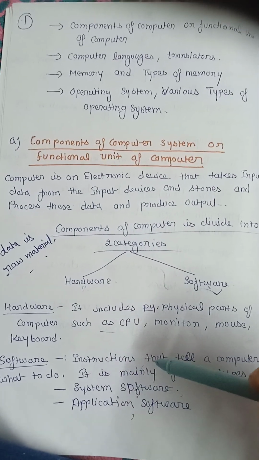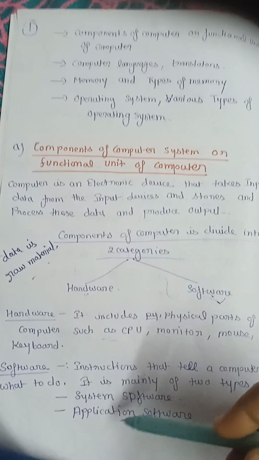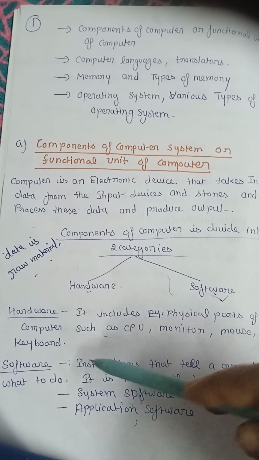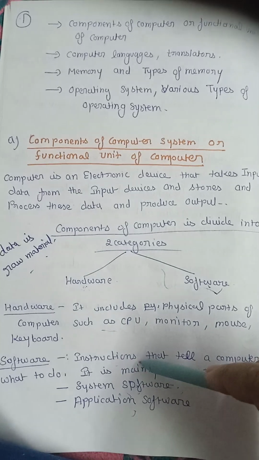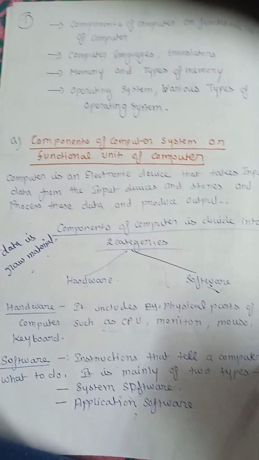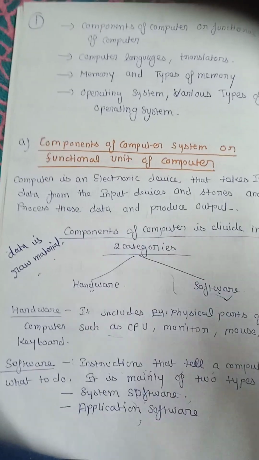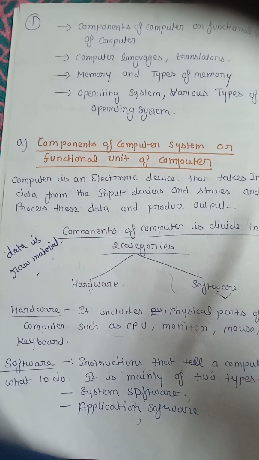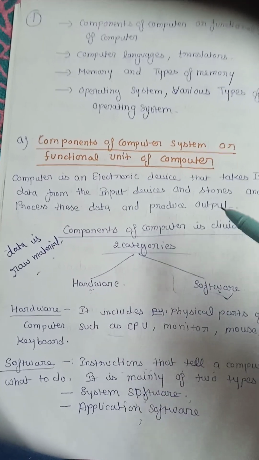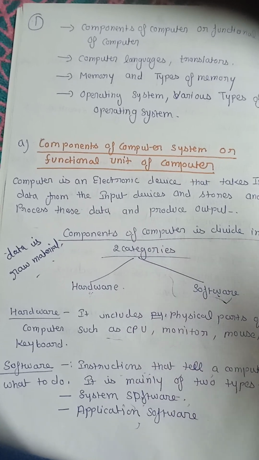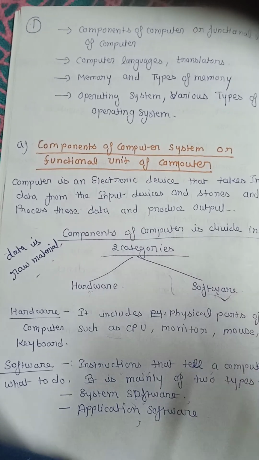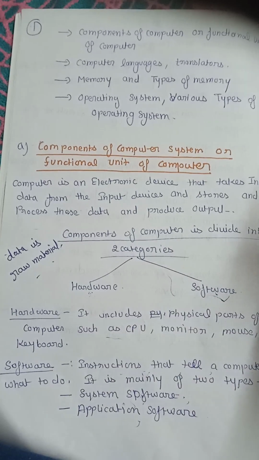Normally we say it is an app. So these are the softwares. Software is a set of instructions that tells the computer what to do. Here I took the name operating system. What is an operating system? An operating system is an interface between the user and the computer hardware.